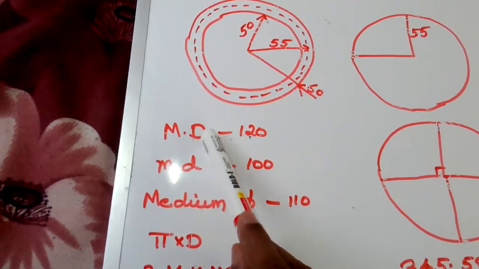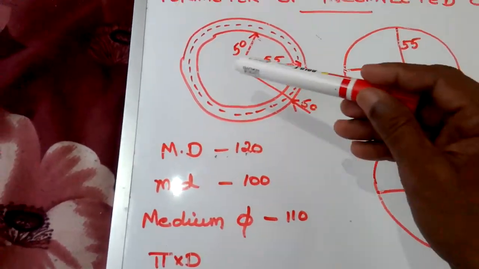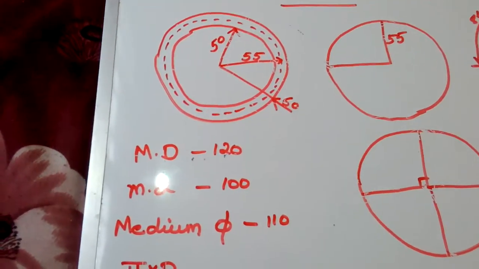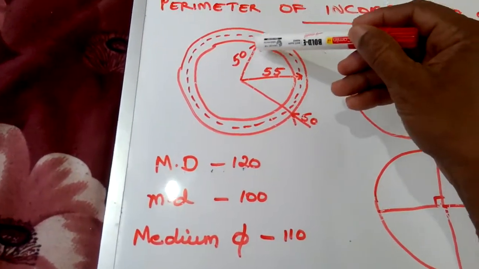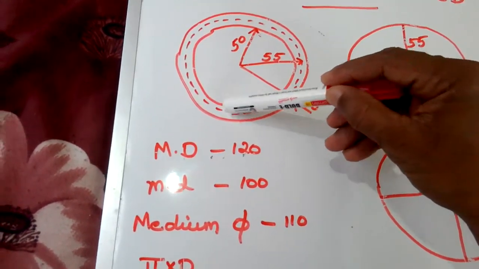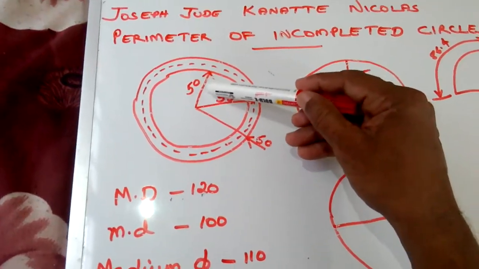Its short form is MD is equal to 120. Now the minor diameter. Minor diameter means the diameter which comes from inside to inside. From inside to inside it will be 100. Why? The inside radius we have indicated here is 50 mm.